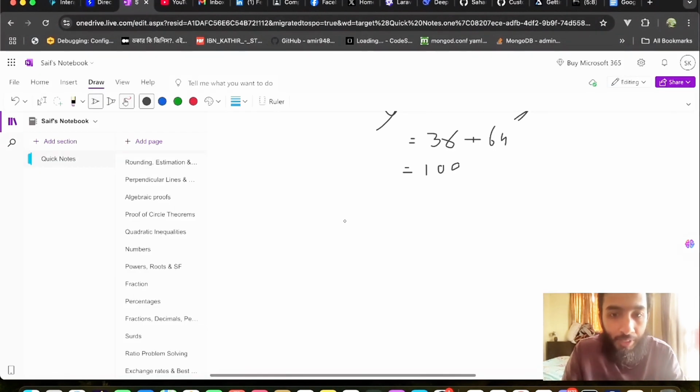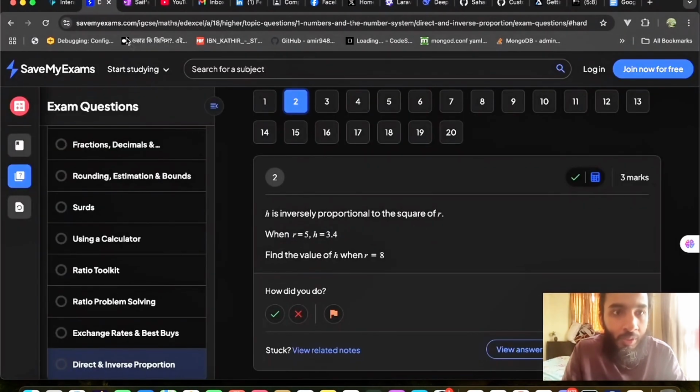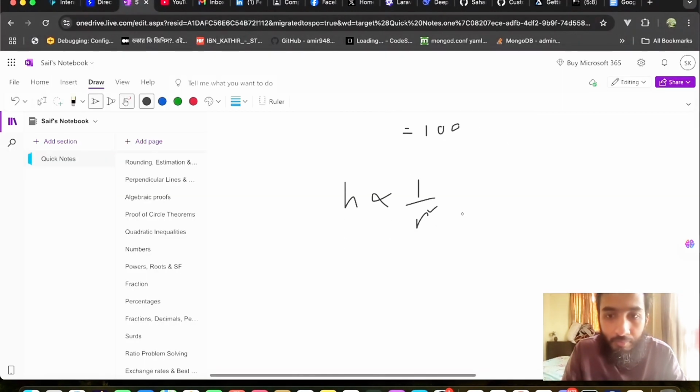So h is inversely proportional to the square of r, meaning h is proportional to 1 by r square. When r is 5, h is 3.4.